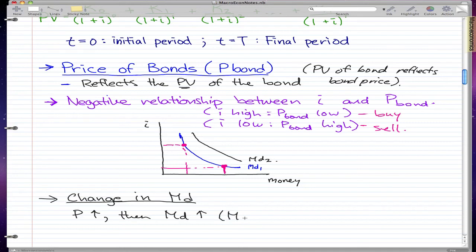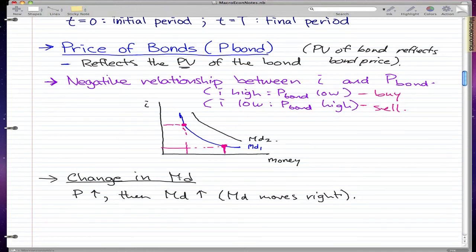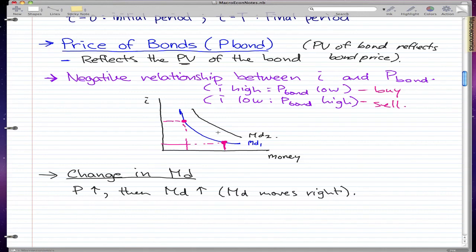Then the MD moves right, and I just showed you this in the graph. So in this graph, we could say that the price rose, and that causes money demand to also increase, which led us to the money demand curve moving from MD1 to MD2.